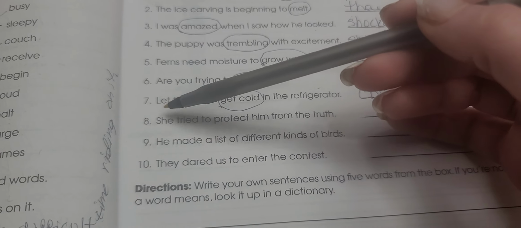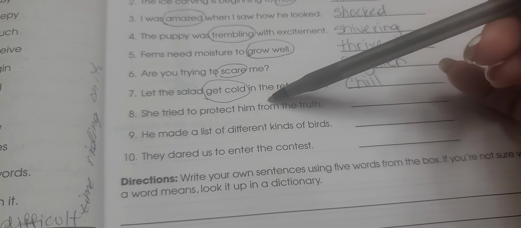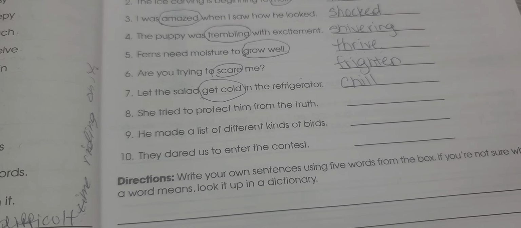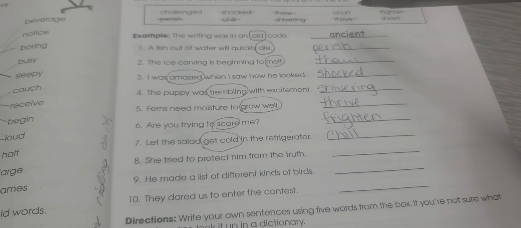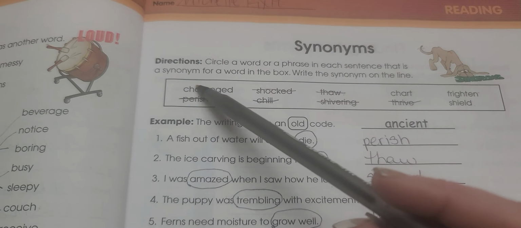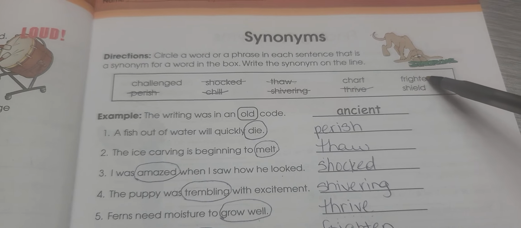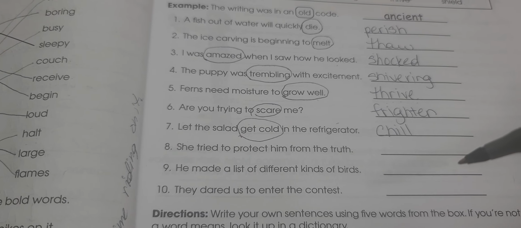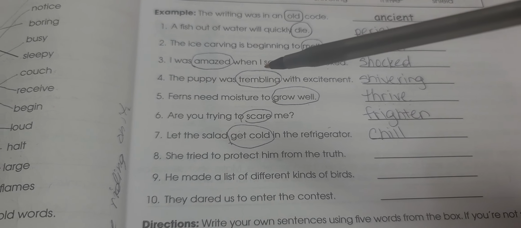Number 8 is she tried to protect him from the truth. Let's think about that sentence while we look at our synonyms in our word bank. Challenged, chart, frighten, shield. Which one do you think it is?